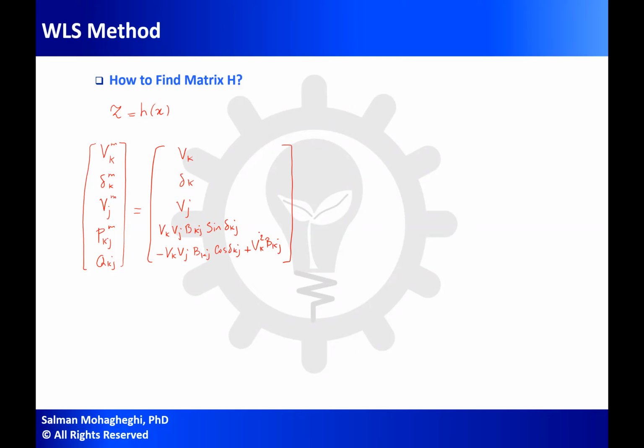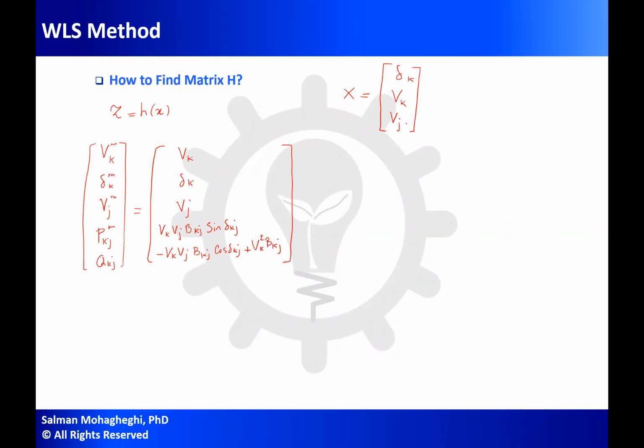Let's say, again, my states, I assumed that delta J is 0 as my reference. So my states, usually we have deltas on the top and V's at the bottom. So that would be delta K and then Vk and Vj.